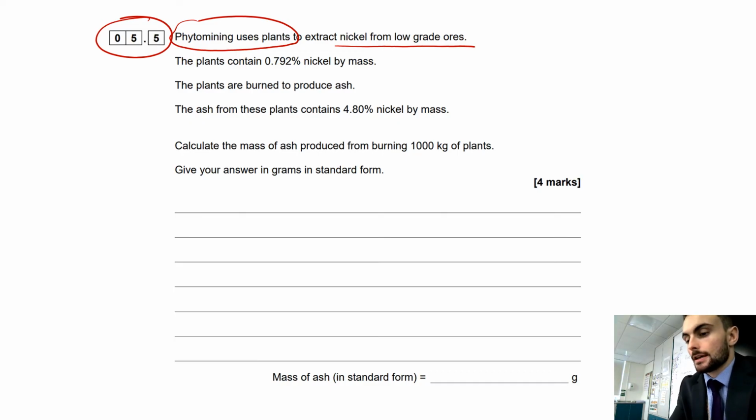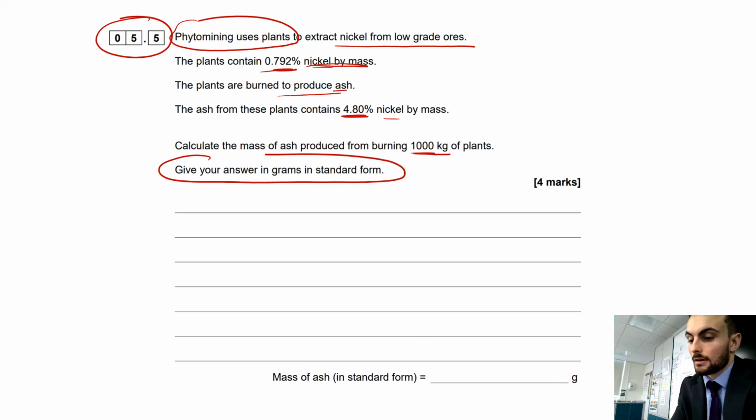The plants contain 0.792% nickel by mass. So whatever mass of plants we've got, 0.792% of that is going to be nickel. The plants are burned to produce ash, and then the ash from these plants contains 4.8% nickel by mass. So calculate the mass of the ash produced from burning 1,000 kilograms of plants, and then give your answer in grams in standard form.